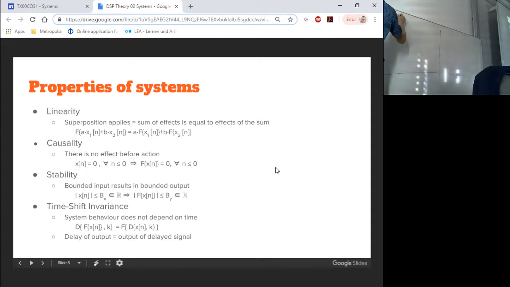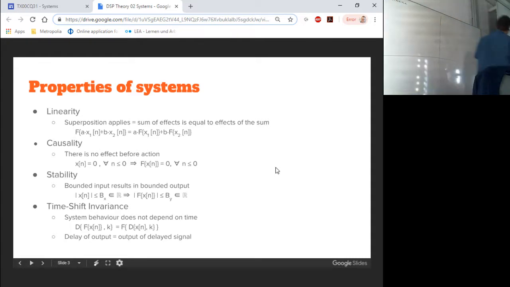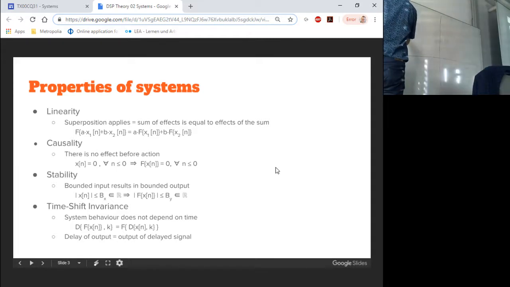So linear systems: we have a system, this is our system, which has some function f that does something to the input signal.